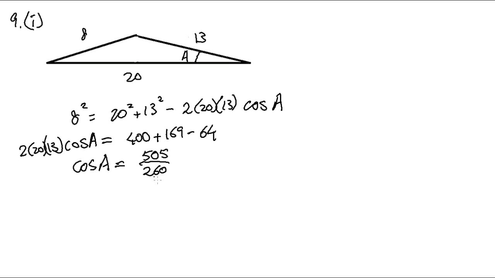Well, no, that is times 2, and that would give us 520. So it is 505 divided by 520 equals cos A. So if you apply arc cos to the expression 505 divided by 520, you'll get 0.24 radians.